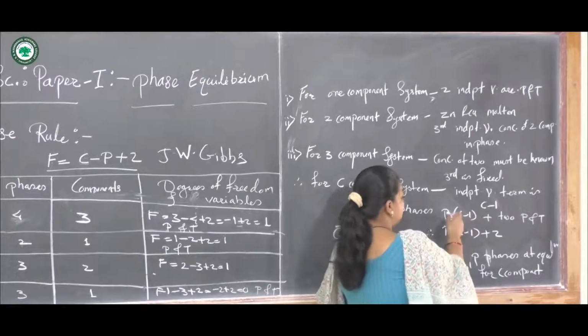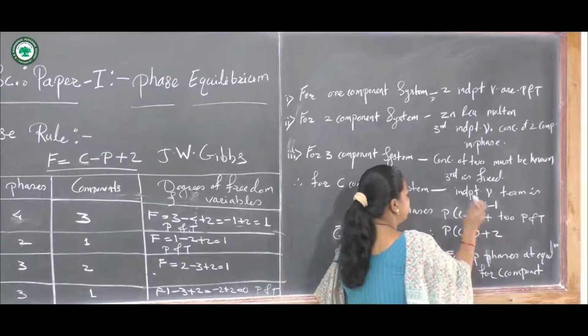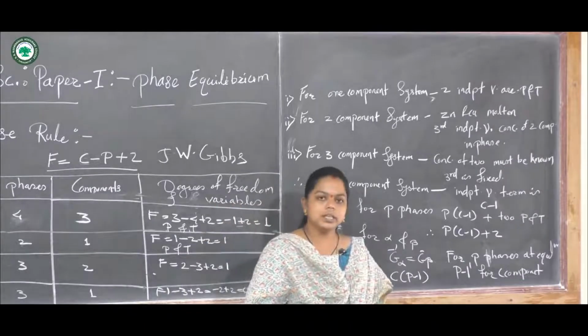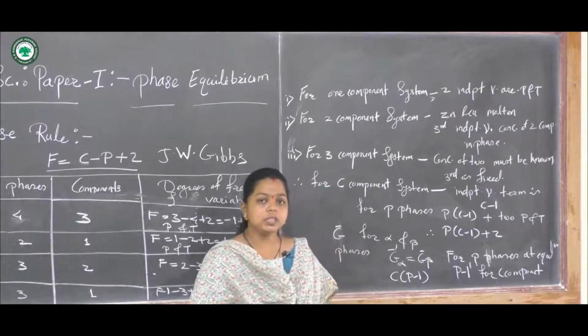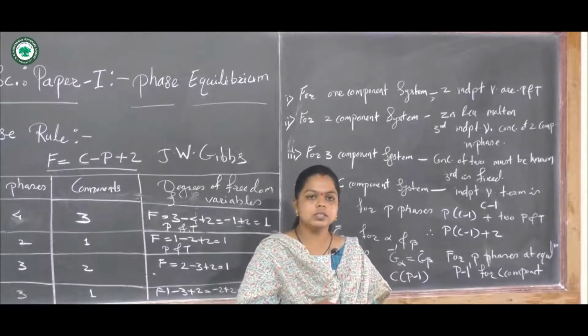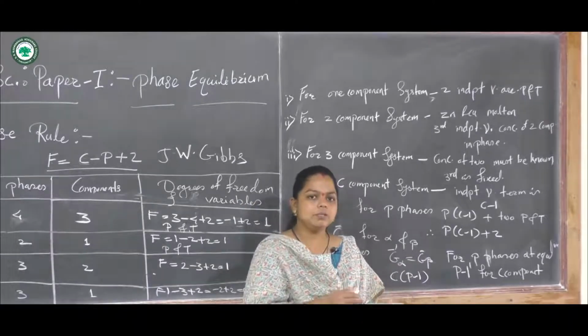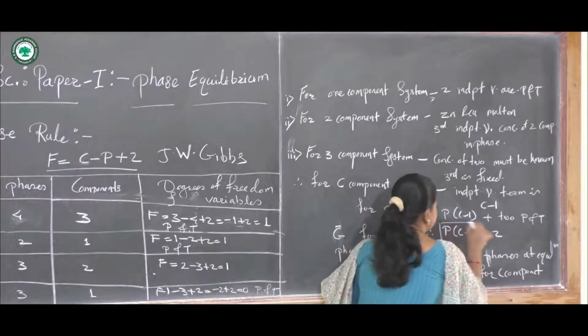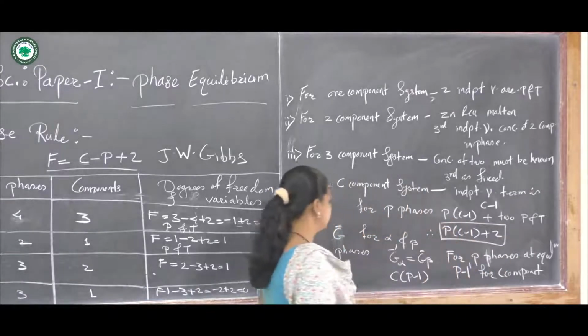So the equation becomes P into C minus 1 plus 2. This is the first derivation given for the C component system with P phases. So we have got this equation first.